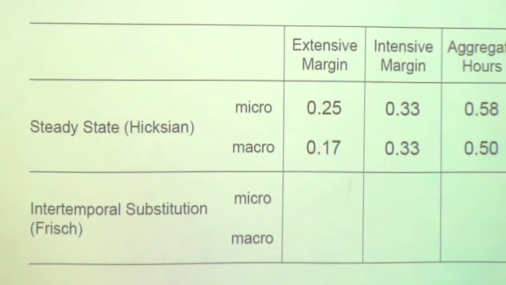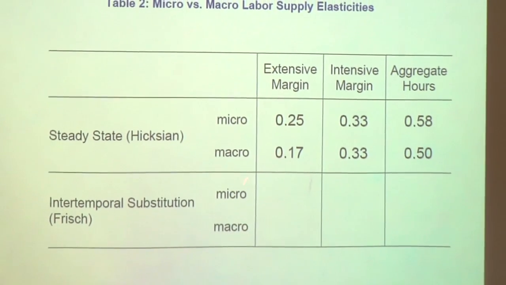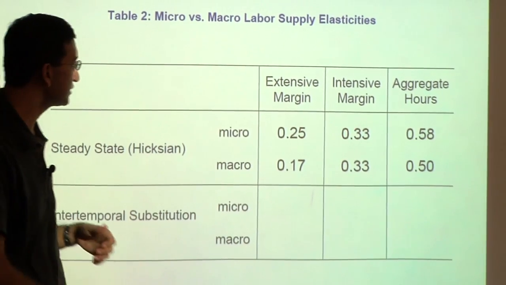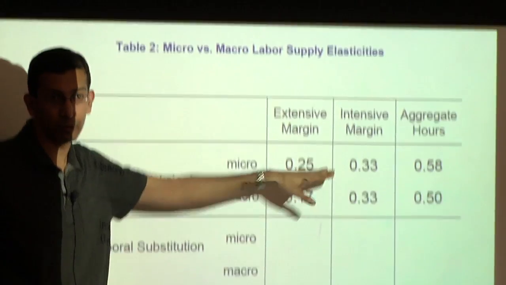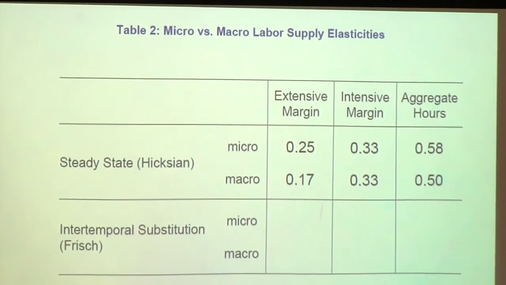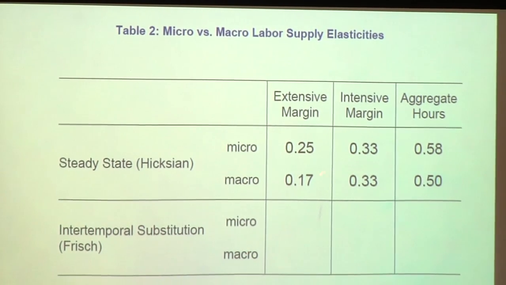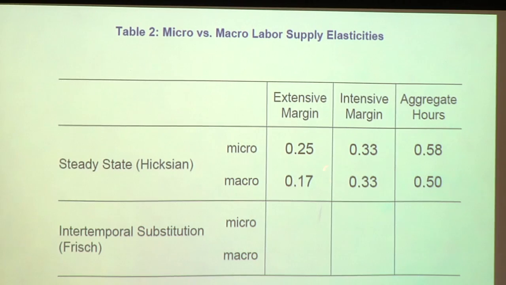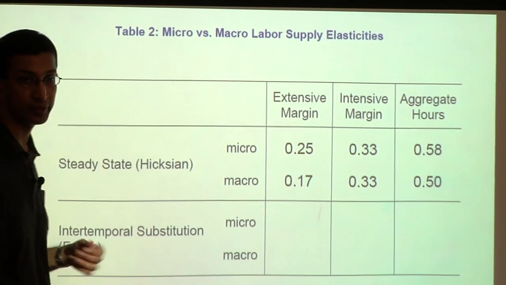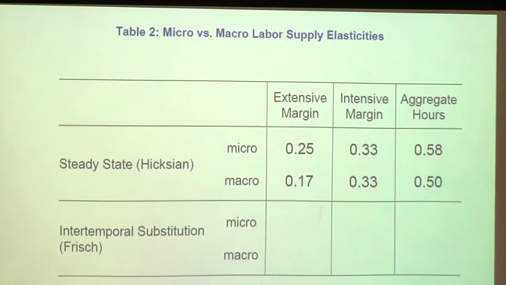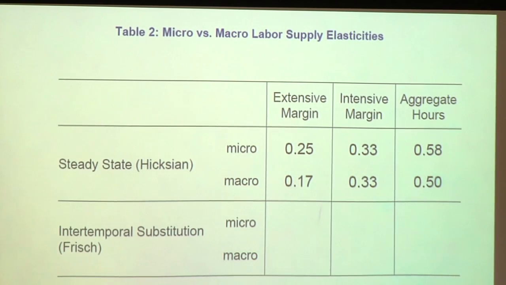And so in particular, what's going on is, although micro estimates of intensive marginal elasticities are very close to 0 if you don't account for frictions, I think once you adjust for the frictions, you get a number like 0.33, which is what I was describing before, which is in line with the Prescott intensive marginal elasticity implied by the macro data.